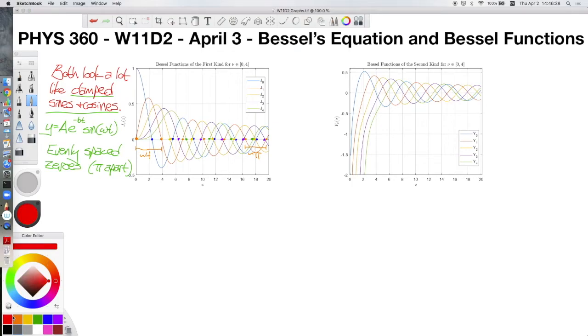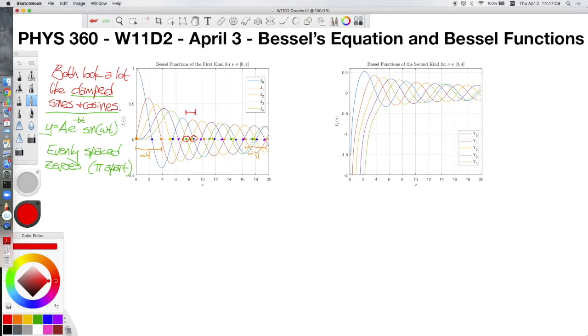Another way we could look at this is to look at some of the zeros of our blue and green functions. So our blue function has a zero here, and our green function has a zero here, and these are spaced by some amount. But if we go a little bit further on, actually let me pick different ones. Green has a zero here, and blue has a zero here, and these are spaced by about that much distance on the graph.